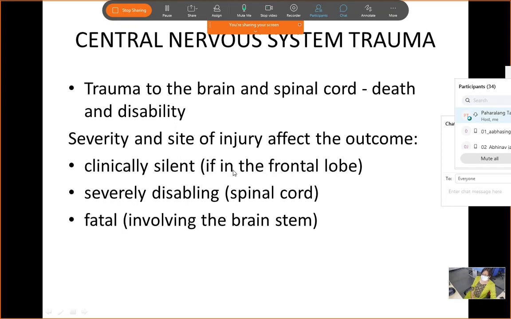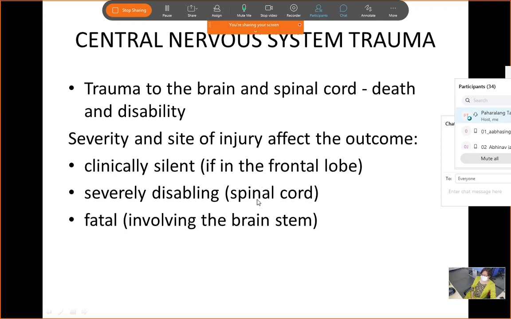If the frontal lobe is damaged, it is usually clinically silent. That's why you can actually do a frontal lobectomy in such people. And it seems that if you do a frontal lobectomy, the aggressiveness reduces, and that's how they treat the serial killers. I don't know whether it's really ethical or not, but maybe, I'm not so sure.